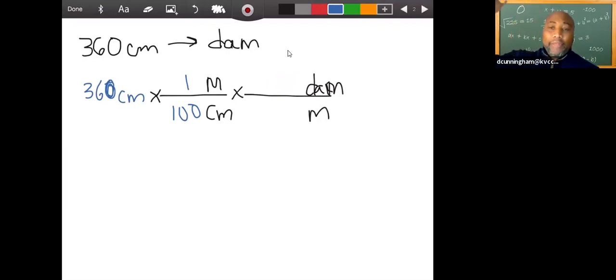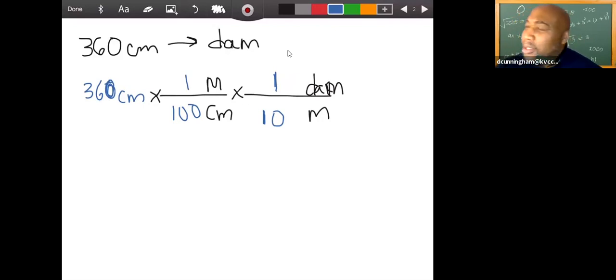We're above the meter, so in this case, it's 10 meters equals 1 decameter. And that's correct. Let's make sure we understand why we have those values there. A decameter is greater than a meter, so it takes 10 meters to equal 1 decameter.